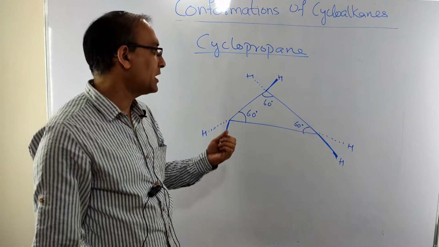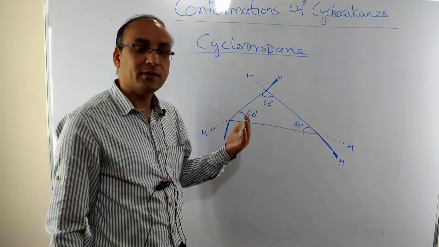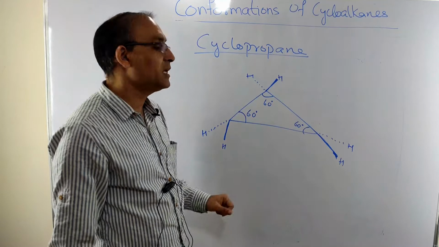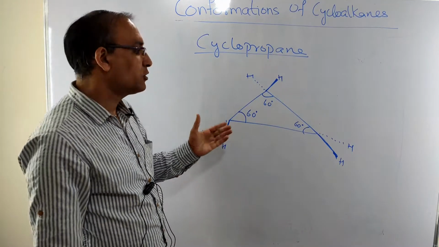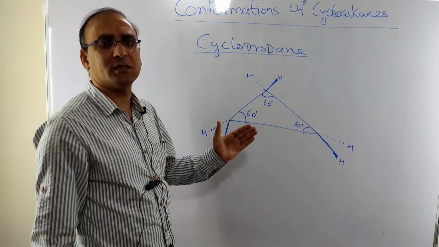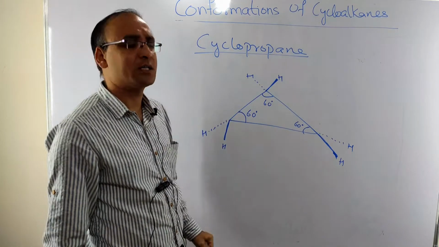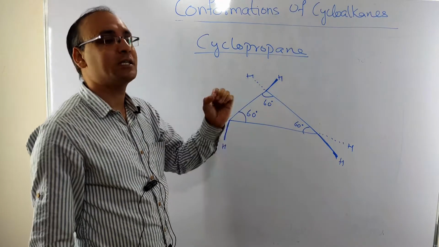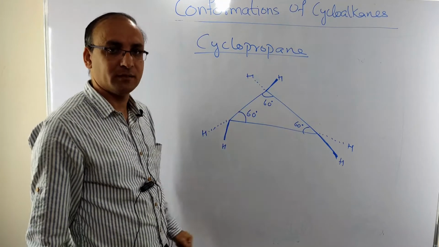So sp3 hybridized means what's the angle we expect? We expect 109 degrees 28 minutes. But what's the angle? 60 degrees. It is almost 40 degrees off, close to 40 degrees angular strain. So a huge amount of Bayer angular strain is there, very unstable.